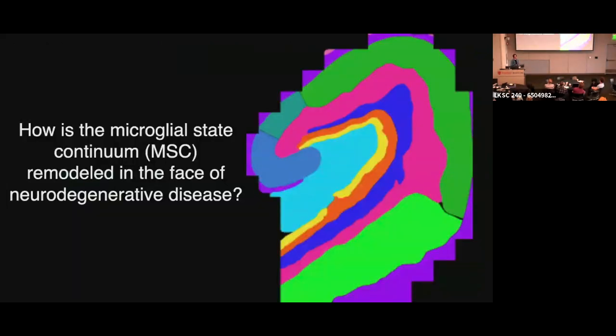So now that we've been able to establish both a proteomic and a genetic-based multimodal mapping of these microglia cell states, we want to see how this actually looks in disease. In this case, we're going to look at Alzheimer's disease, as I mentioned earlier.